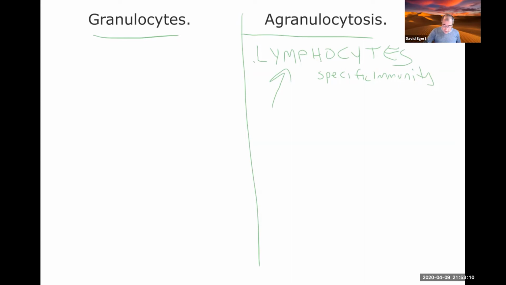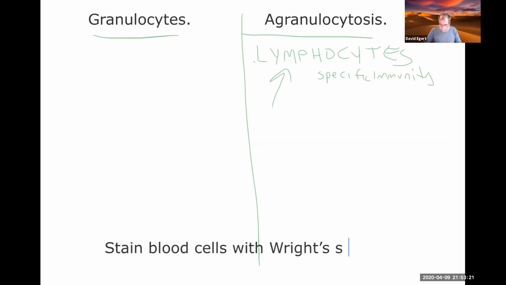You stain blood cells with what's called Wright's stain. And normally I tell you don't use color as a way to recognize what you're looking at. But with blood cells, you do use color to recognize what you're looking at.